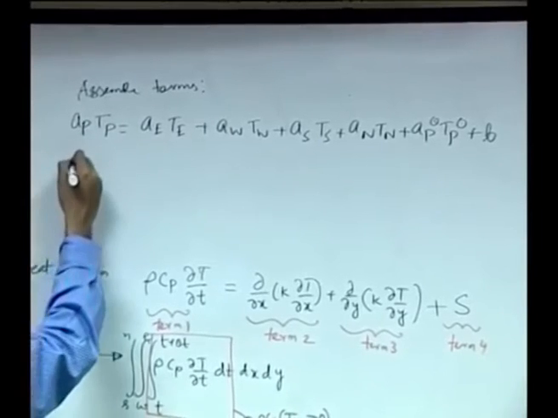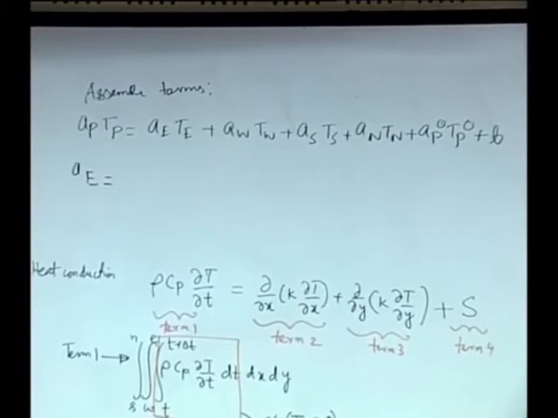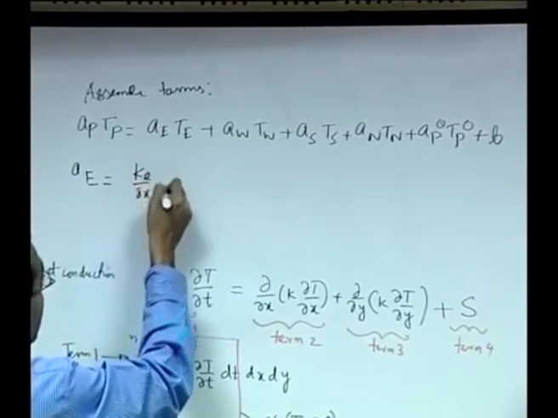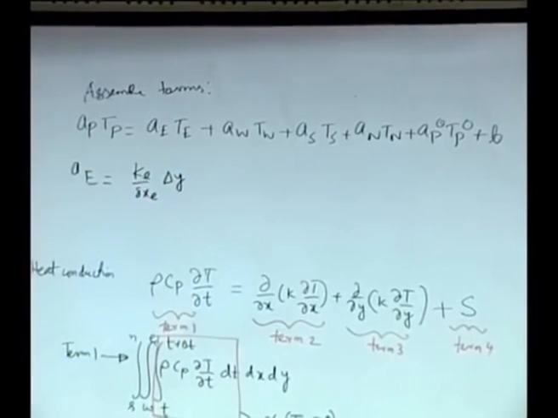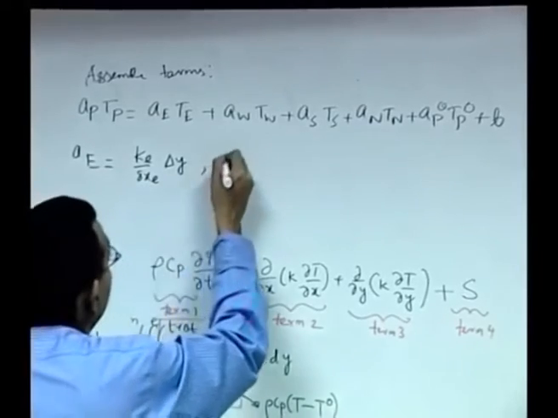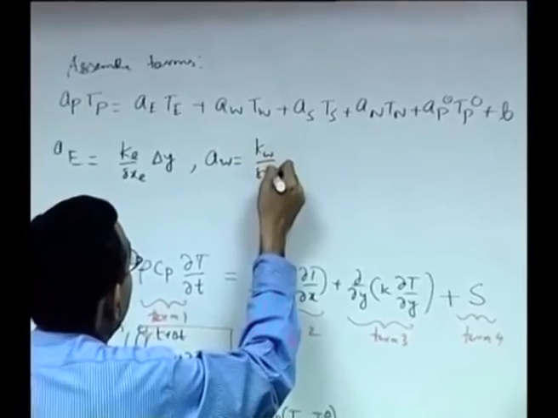What is AE? Ke by delta x_e into delta y, okay. What is AW? Kw by delta x_w into delta y.